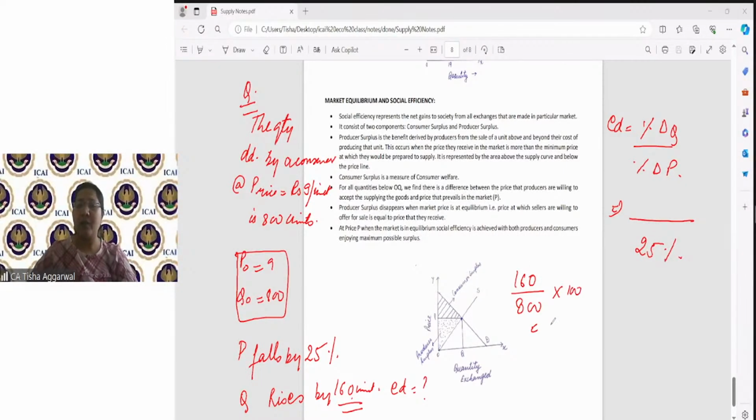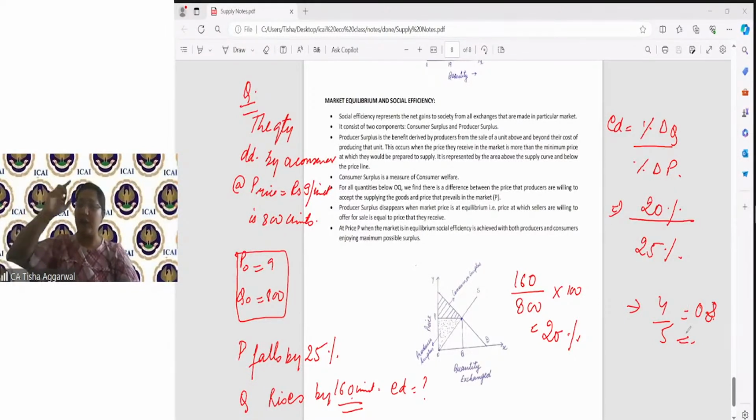That means my quantity is increasing by 20%. 20 divided by 25, 4 by 5, that is 0.8. Correct? So you can get the answer this way also, very easily. This can be solved by both methods. You can either first find out the new Q, or else you can directly put it. Okay? I hope this is clear to everybody.